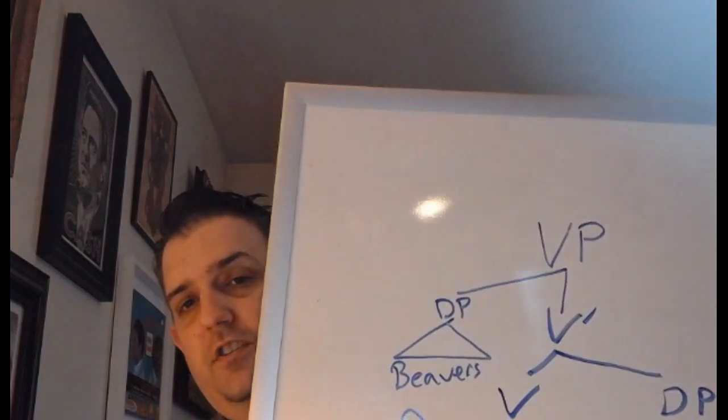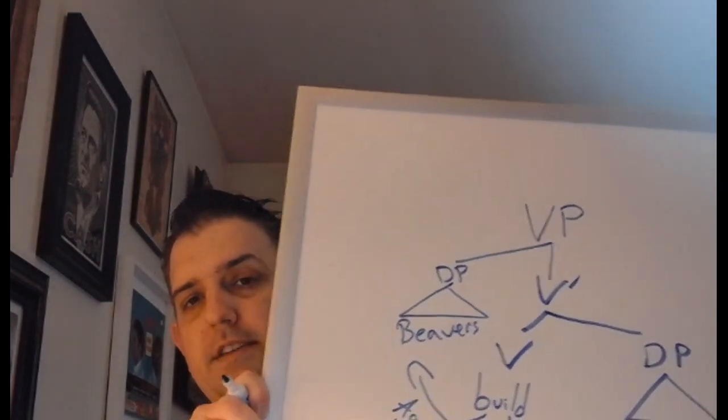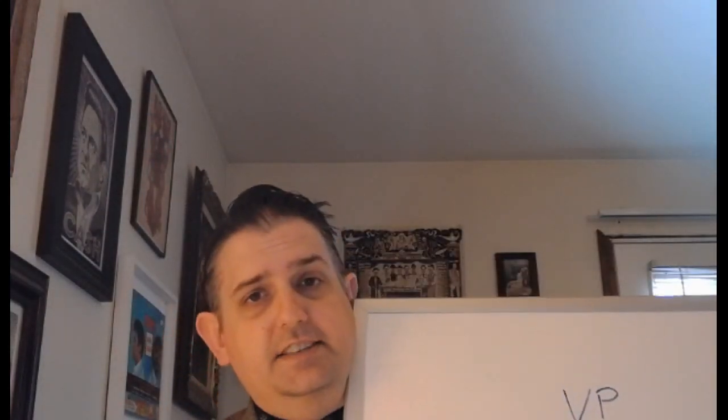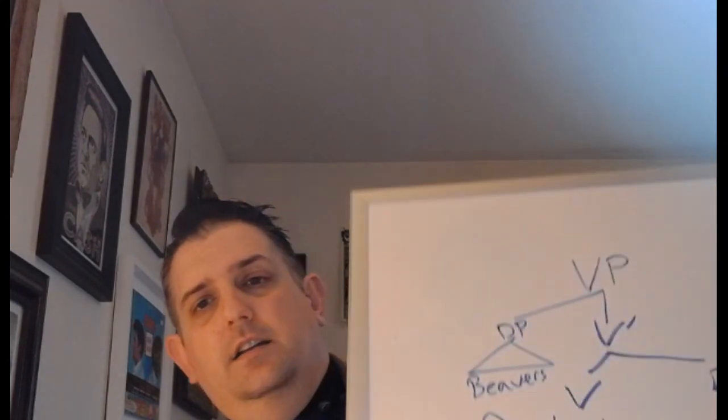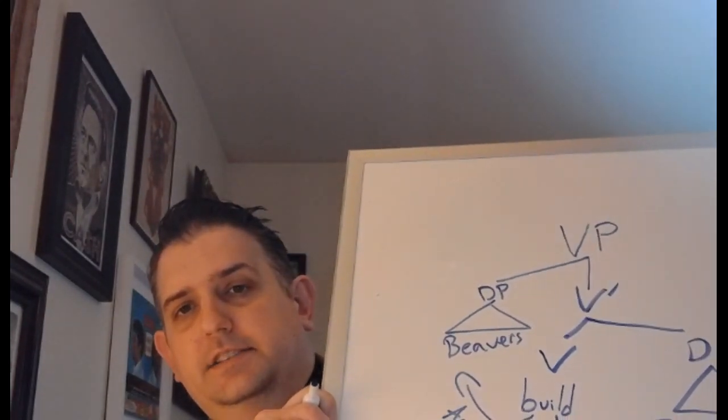So the VP internal subject hypothesis is going to help us in part capture the necessary relationship between the verb and its arguments, and also it's going to help us deal with some typological problems.